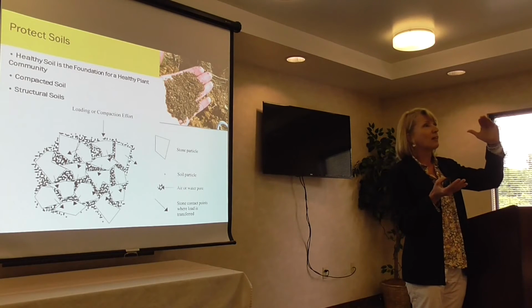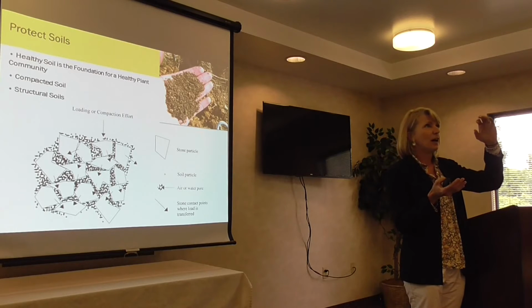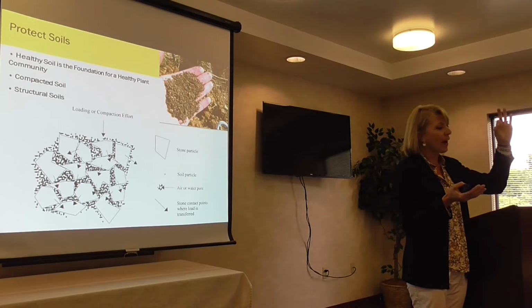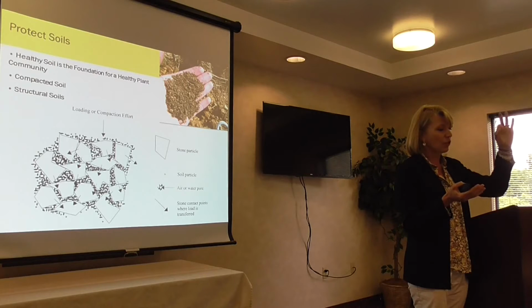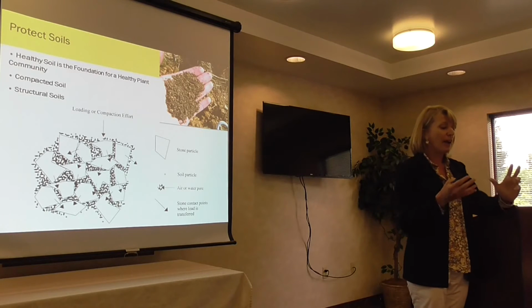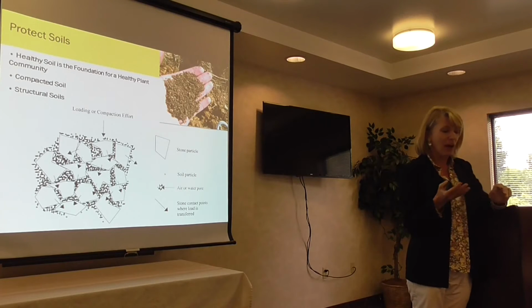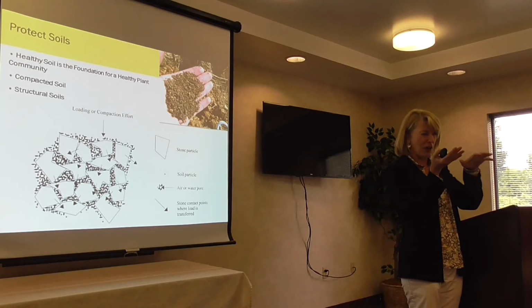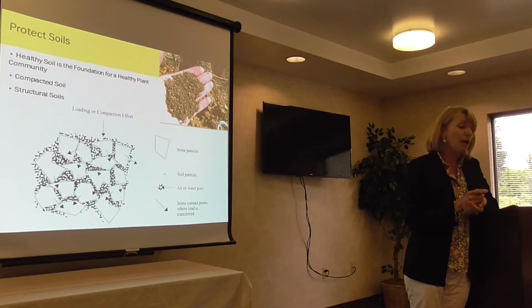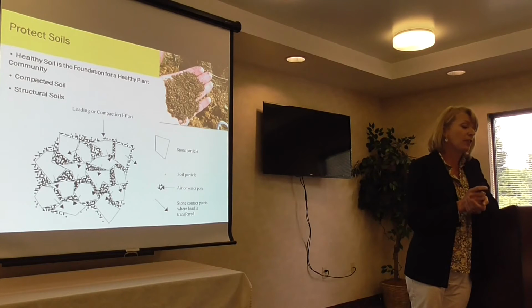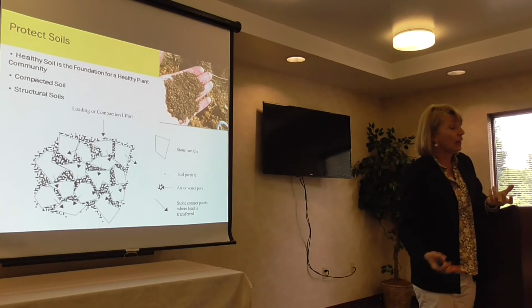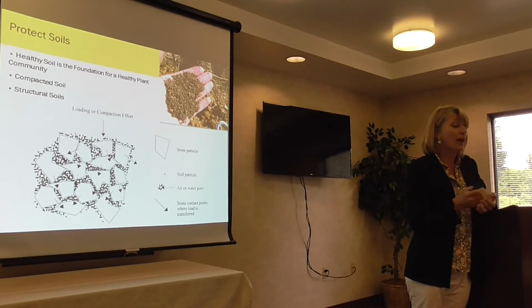It's a balance between the porosity, the roughness of the stone particle that helps to protect the void space, but also provides the organic matter. And it's a really delicate balance, but they found that with these structural soils, they're able to protect the infiltration as well as provide support for vegetation.